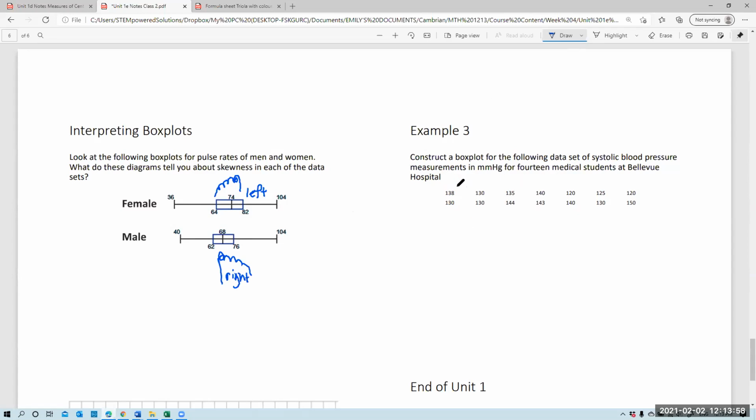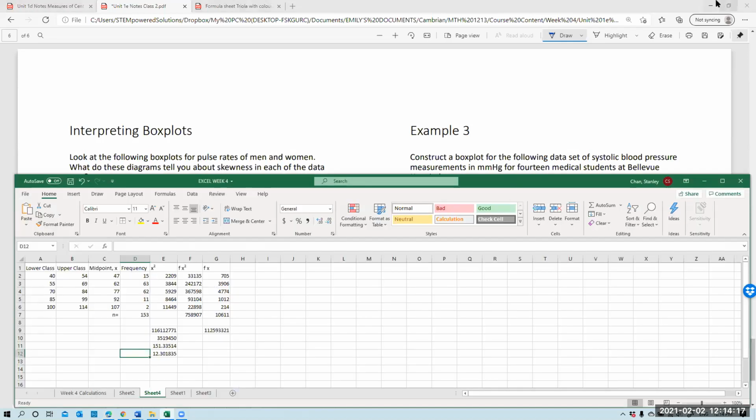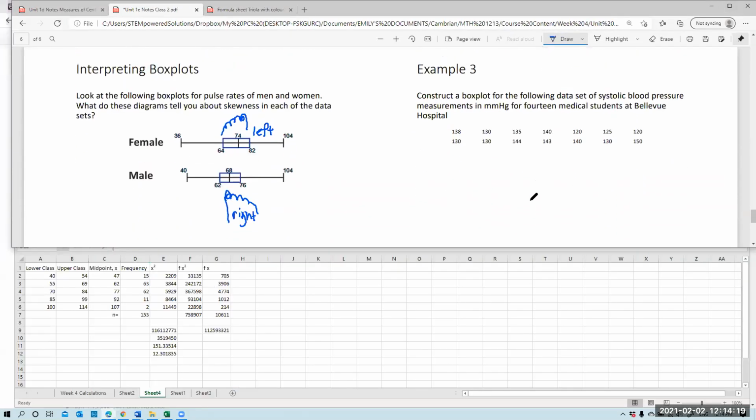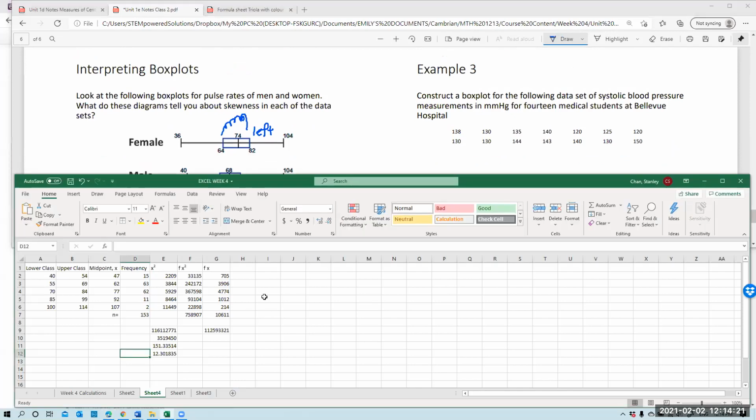So, construct a box plot for the following data set of systolic and diastolic measurements in millimeters of mercury for 14 medical students at Bellevue Hospital. The first thing I would do is order this information. I would take Excel and get it to sort the data for me.